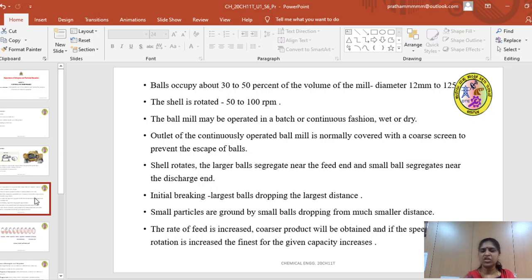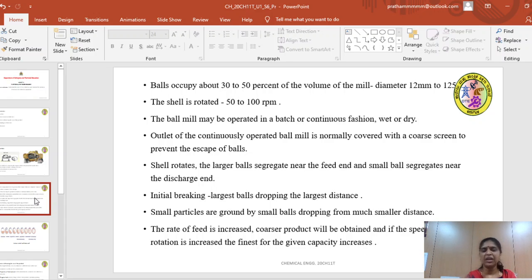So as the shell rotates, suppose we have fed the material and put in the balls, 30 to 50% balls. When it rotates, the larger balls will rotate along the wall of the shell and drop from a larger distance, and the smaller balls also will rotate along and they will drop from a smaller distance.